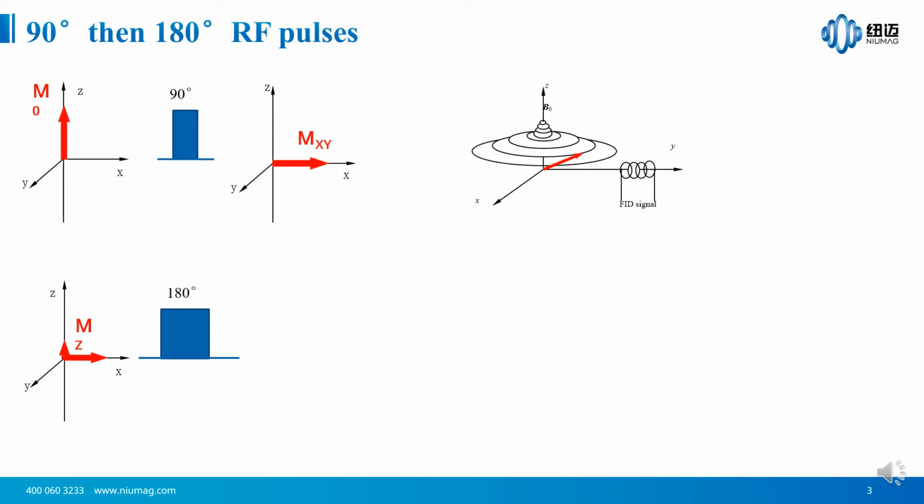A small arrow is drawn on the graph. After 5 milliseconds, the transverse magnetization vector also decays partly, and the amount of this decay is sample dependent.